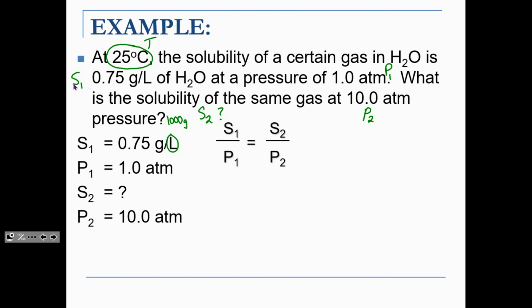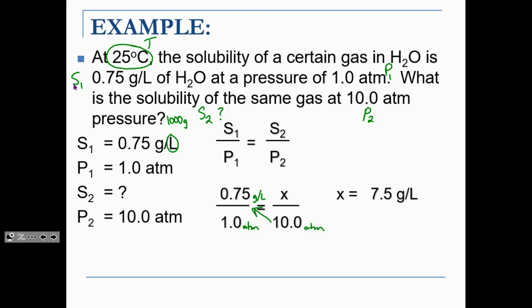Here's our Henry's law equation. We're going to plug in our numbers. This is grams per liter. This is atms. We would cross multiply the 10 across to solve for x. Final answer is 7.5 grams per liter.